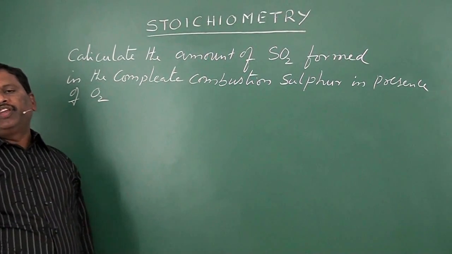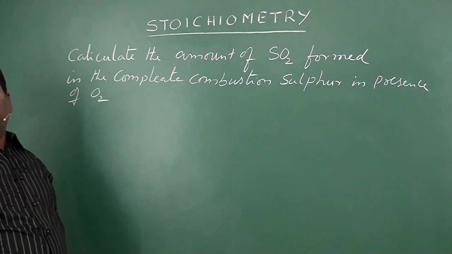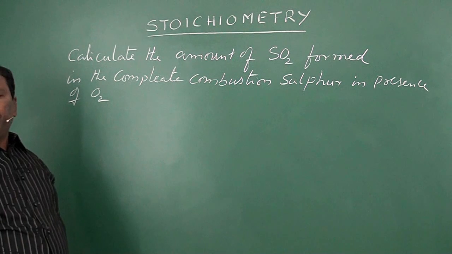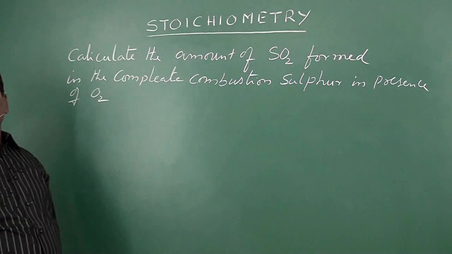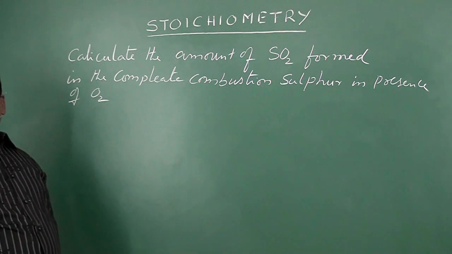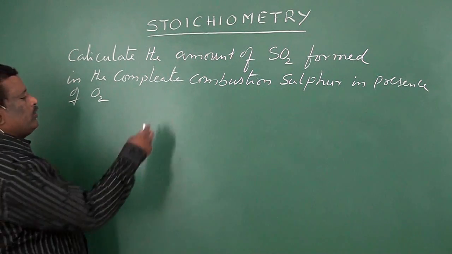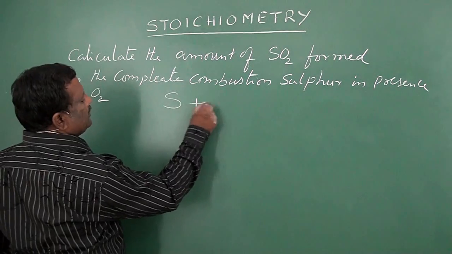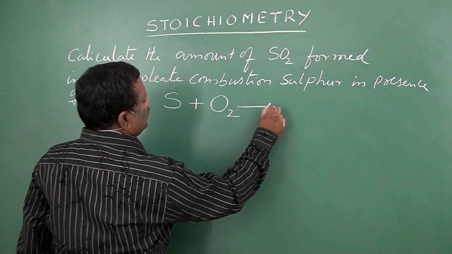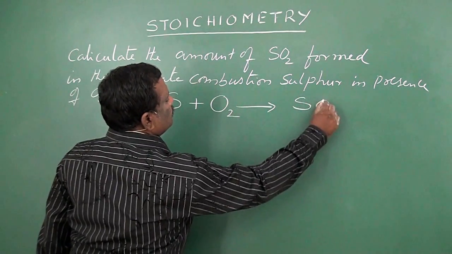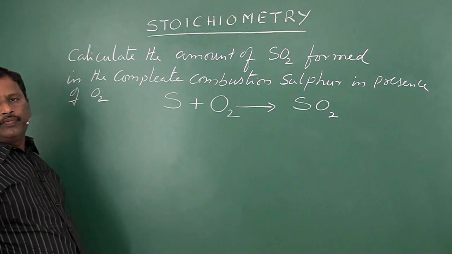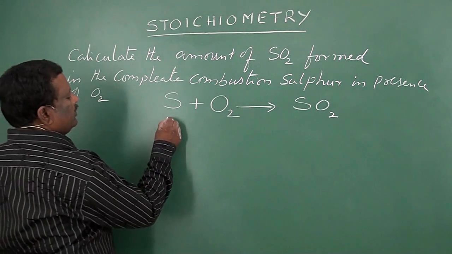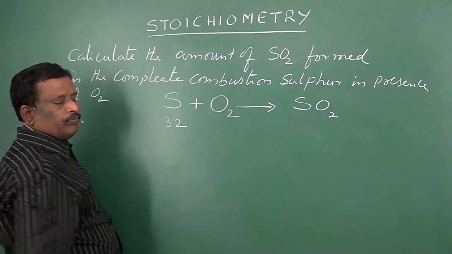So here the required equation: sulfur when burned in presence of oxygen will give us sulfur dioxide. So for this reaction the required equation is S plus O2 gives SO2. Sulfur atomic weight is 32.